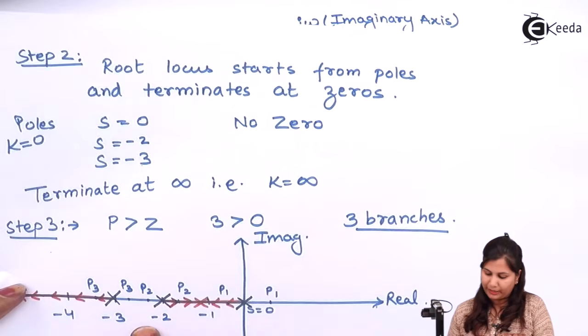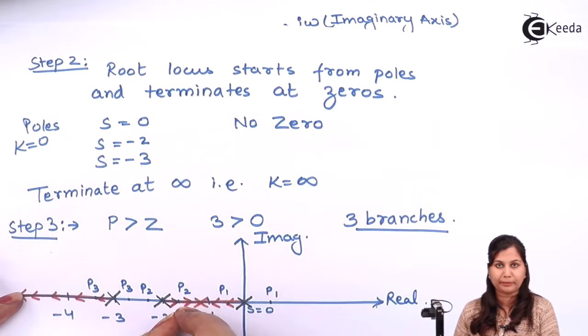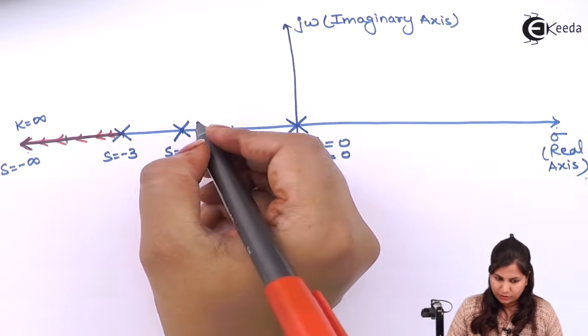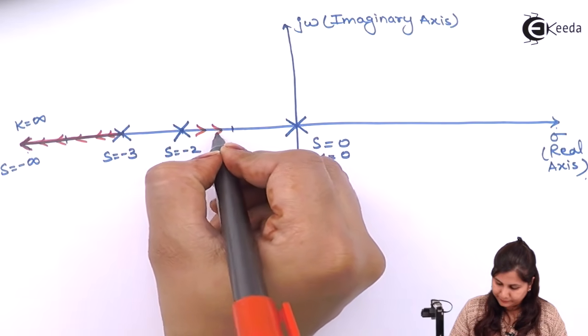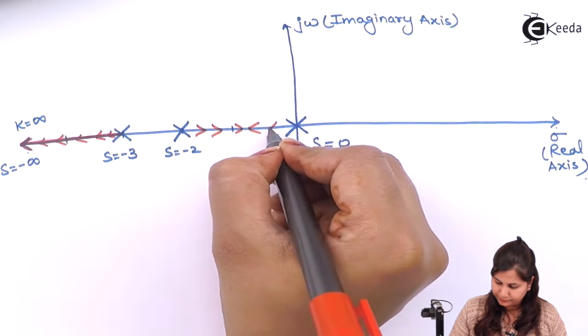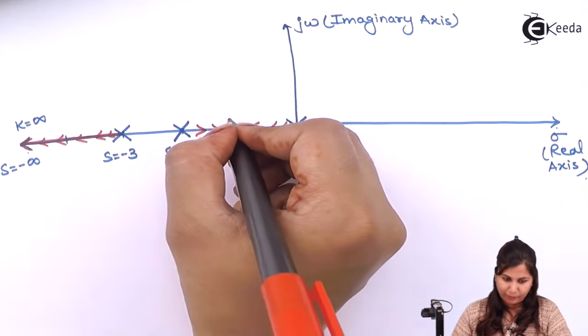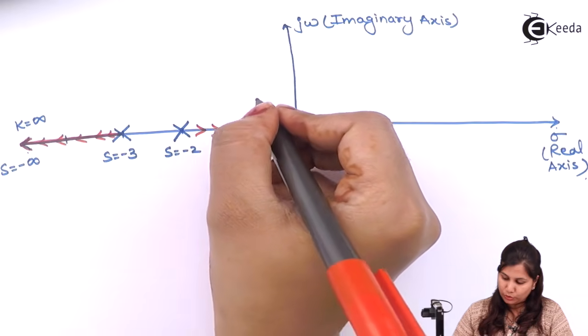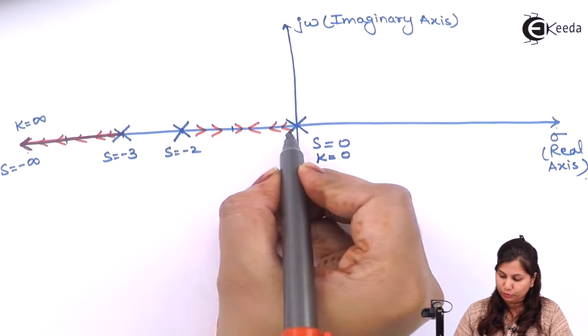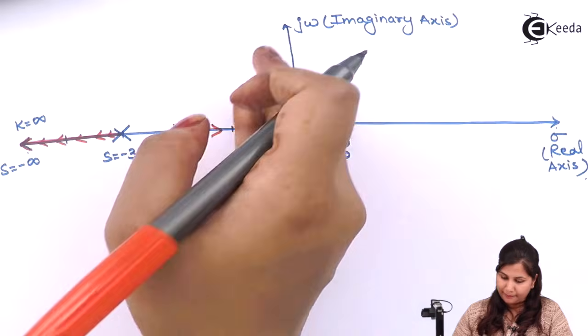For s equals minus 2 and s equals 0, it will be towards each other. And here we are having the breakaway point where the two root locus, due to these two poles, they are breaking.